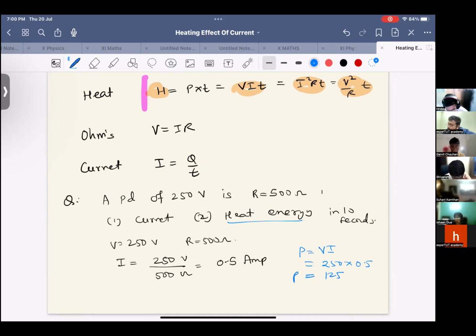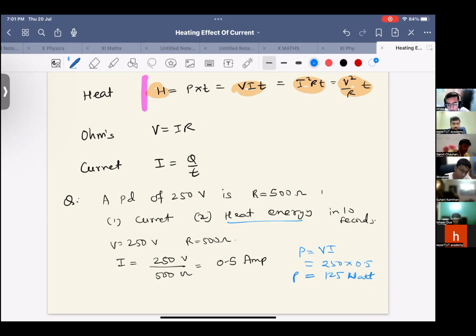Kilowatt per hour? No, no, no, kilowatt hour, that's commercial. Just watt. Yes, watt. Okay. Power is 125 watt.